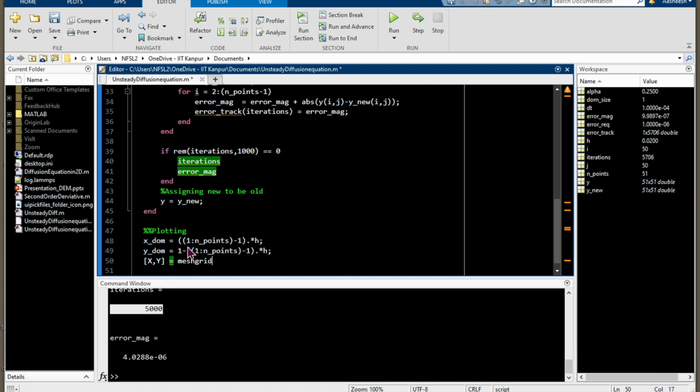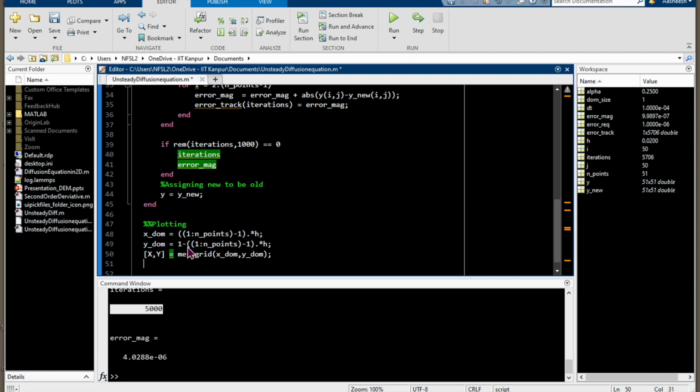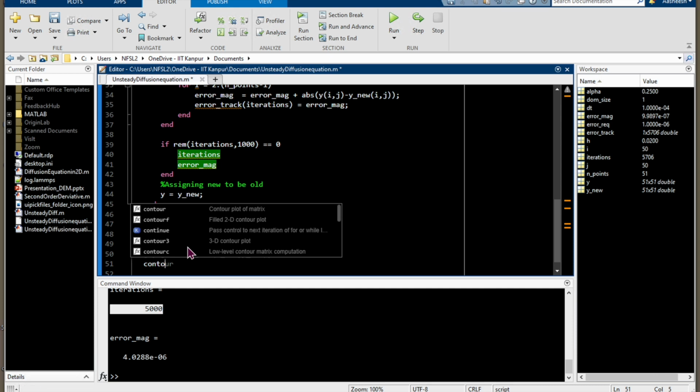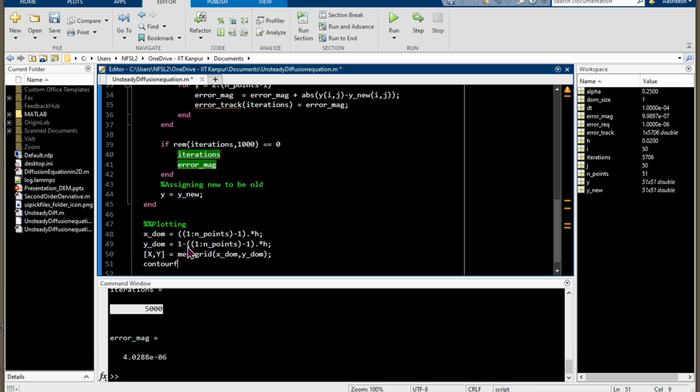We have used meshgrid for generating the mesh in the x domain and y domain. So let me run this. Then we use contourf to make the contour. There is some glitch.